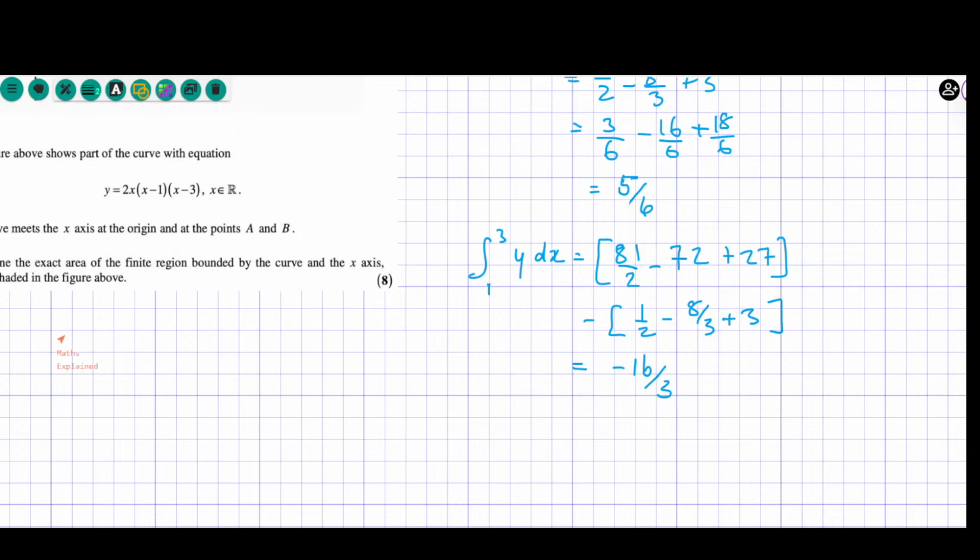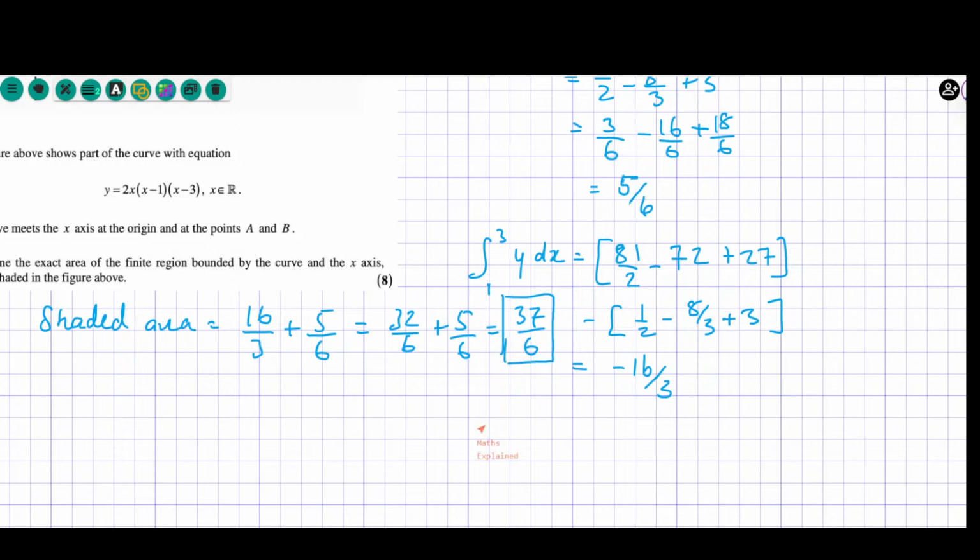So the shaded area is going to be 16 on 3 plus 5 on 6, which is 32 on 6 plus 5 on 6, which is 37 on 6, and that should be your final answer for this question. Yippee!